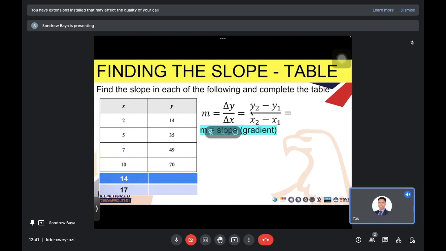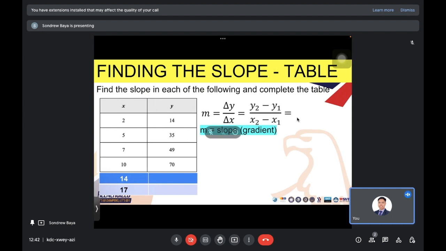That's why we call it y sub 2, because y sub 2 means the second y coordinate, the current one. Obviously, you have a data, and after how many minutes, for example, there is already a change in the y value. That means this is the current minus the previous. Similar for the x, the current minus the previous.